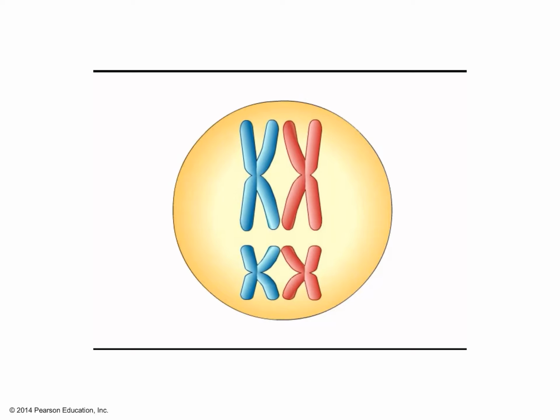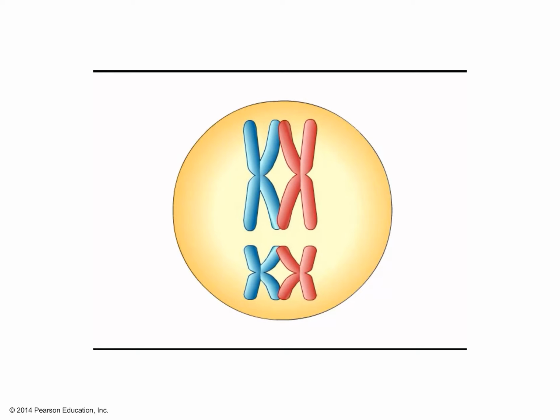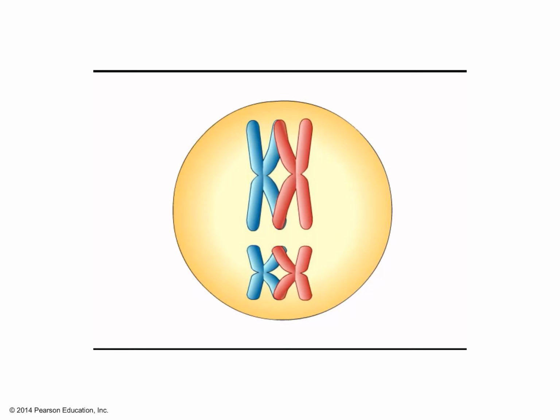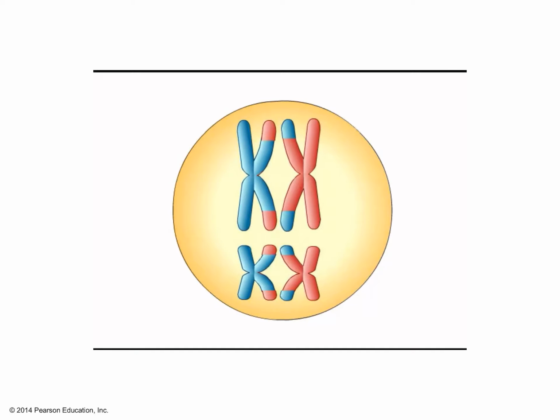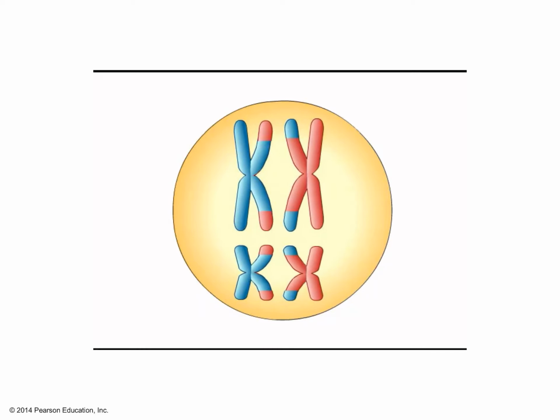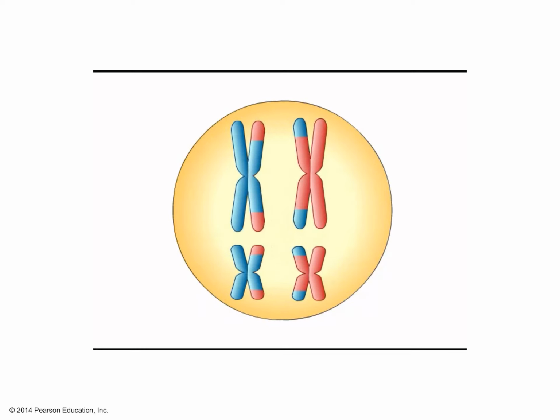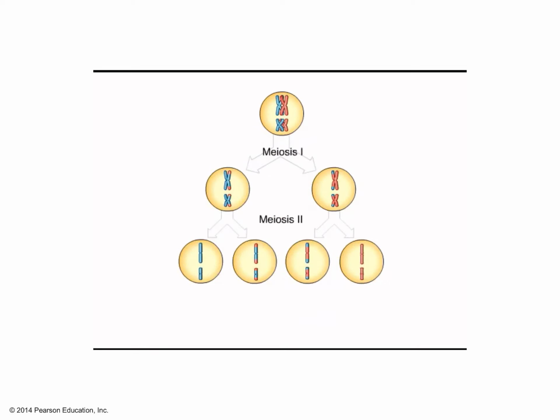During prophase 1 of meiosis, homologous chromosomes pair up very closely, and corresponding parts of 2 non-sister chromatids may trade places. This process of crossing over creates variation by producing chromosomes that combine the genes inherited from 2 parents. Here the process produced a total of 4 genetically different gametes.